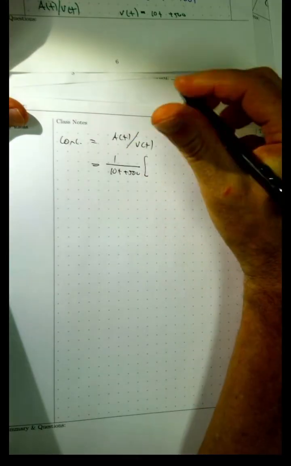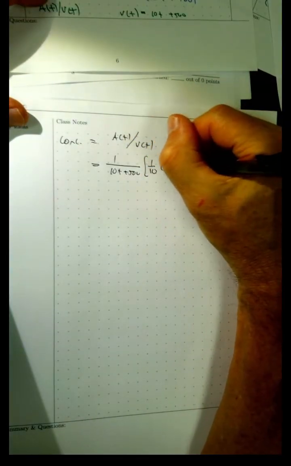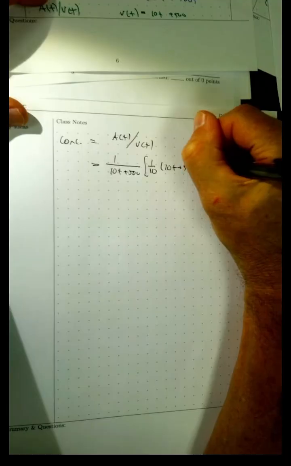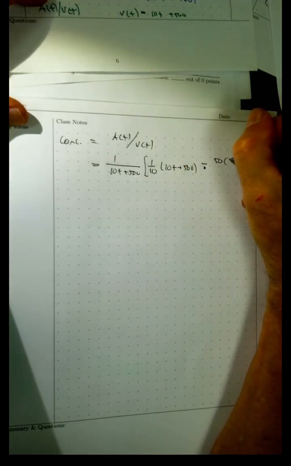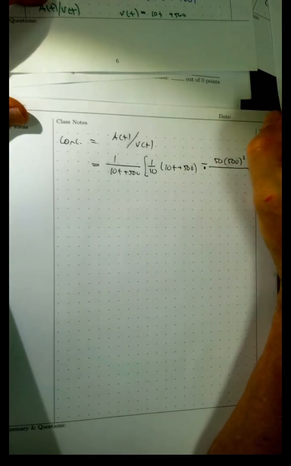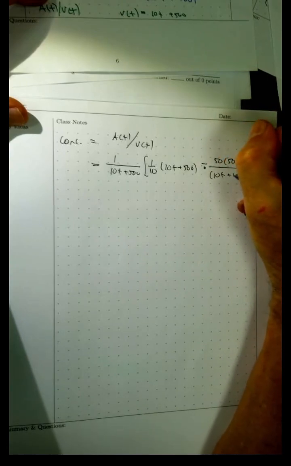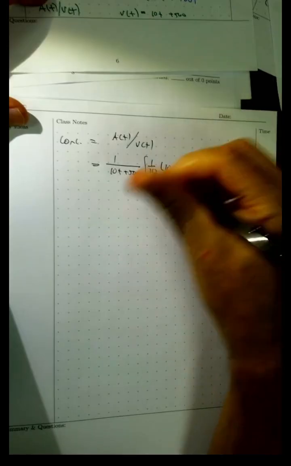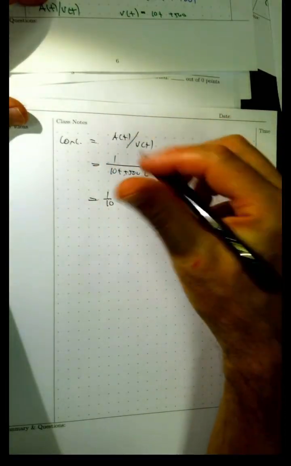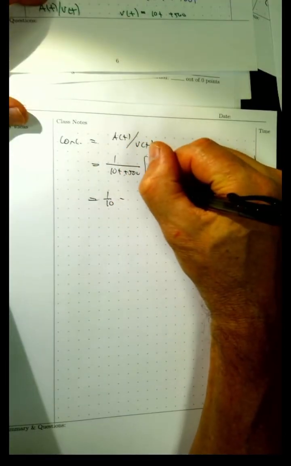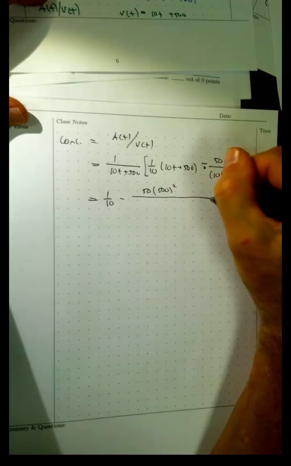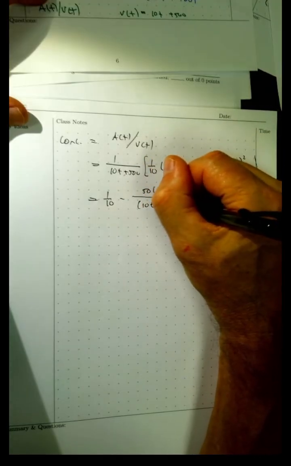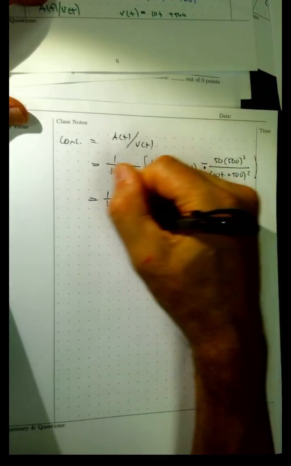And the amount in the tank was 1/10 of (10t + 500) minus 50 times 500² over (10t + 500)². So multiplying that through, those cancel, so I get 1/10 minus 50 times 500², over (10t + 500)³.